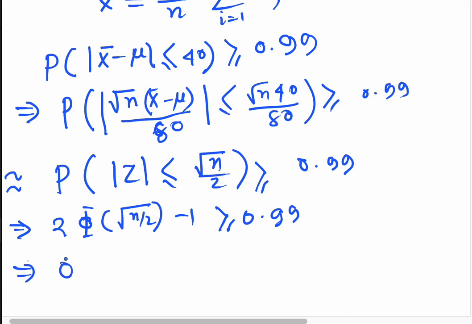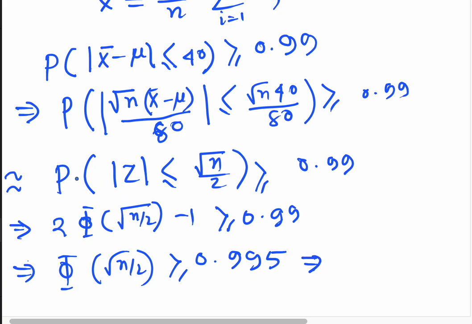So that means phi of root n by 2 should be greater than or equal to 0.995, which means root n by 2 should be greater than or equal to 2.58.